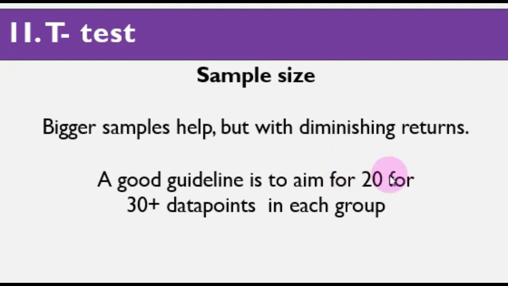A good guideline is to aim for 20 to 30 plus data points in each group. So, sa sample size, for the T-test, kailangan para ma-identify natin na may significant difference sila, dapat ang participants natin sa study ay meron tayong 20 to 30 plus. Okay?